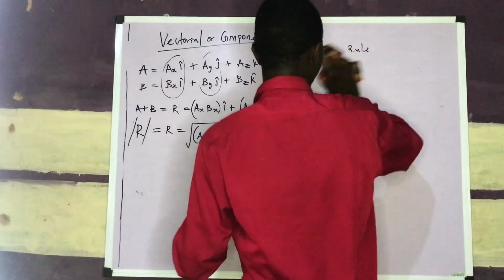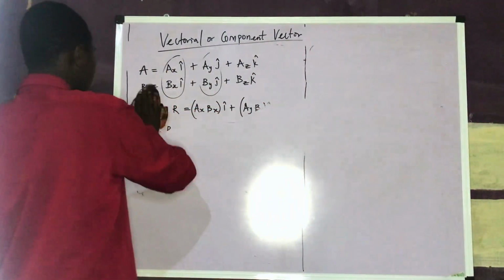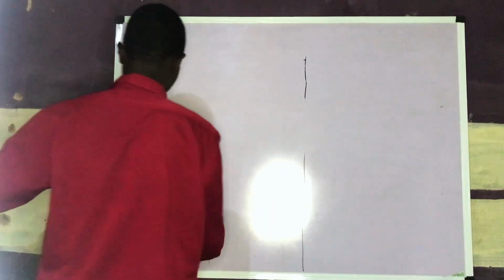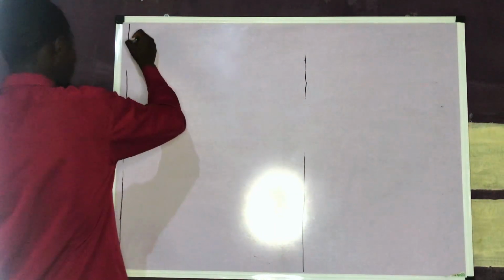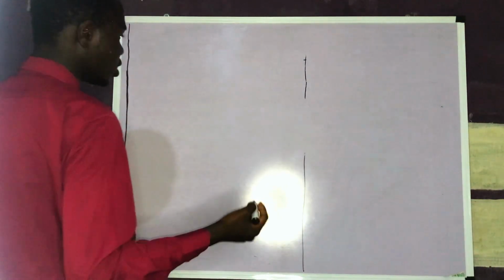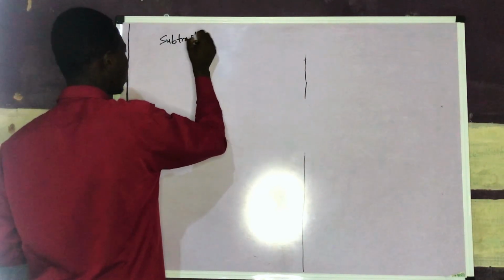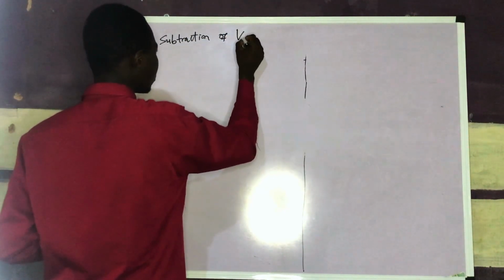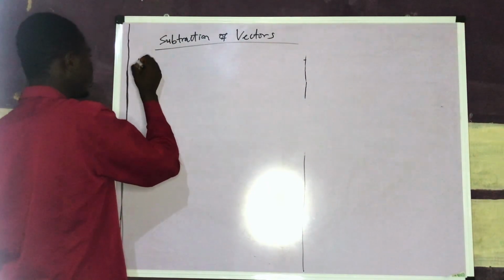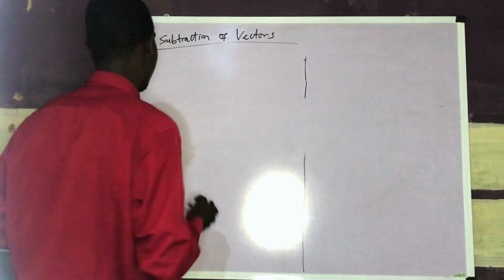Let's do the subtraction, addition, and multiplication of vector. So addition of vector, that's what we just did when we are getting the resultant. Let's do subtraction of vector. So you are given vector A and vector B, and you are asked to subtract.